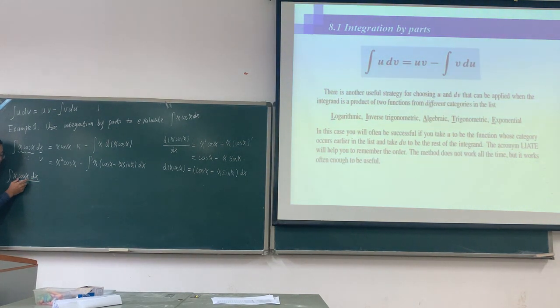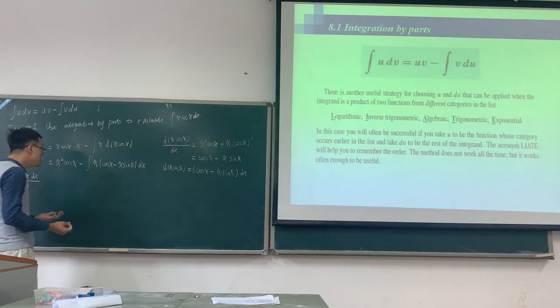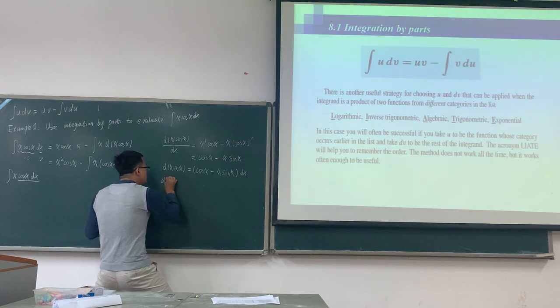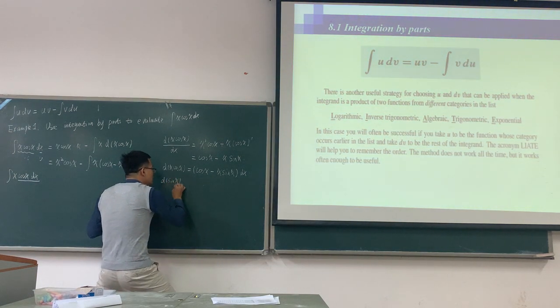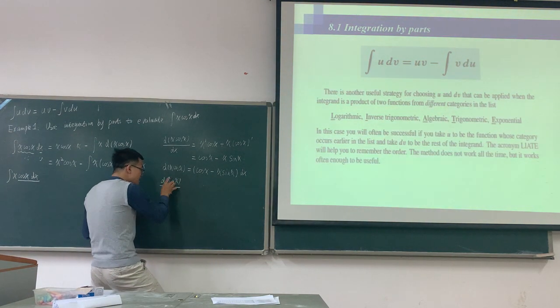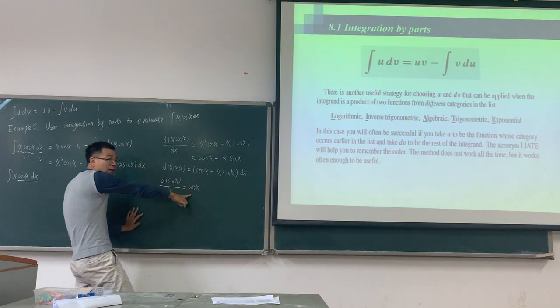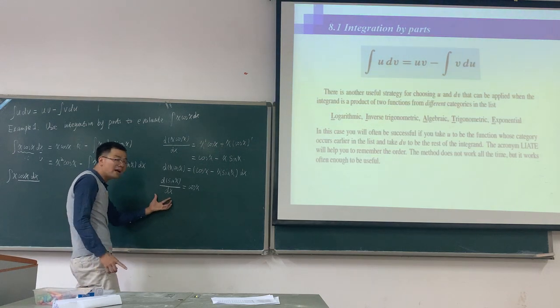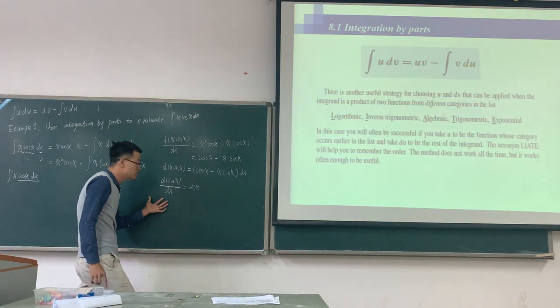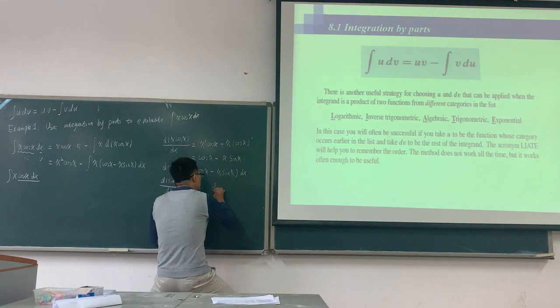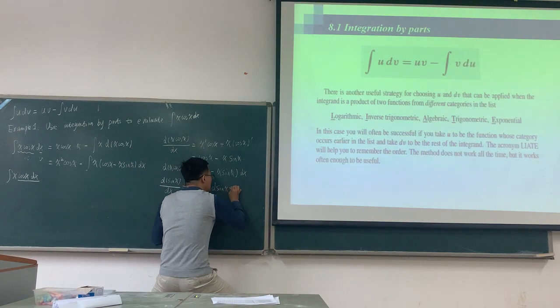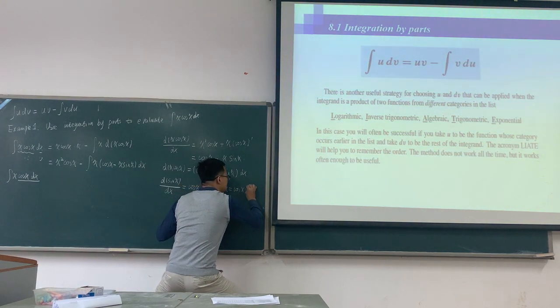Which function has derivative equal to cosine x? Sine x. So d sine x over dx equals cosine x. So multiplying by dx on both sides, we have d sine x equal to cosine x dx.